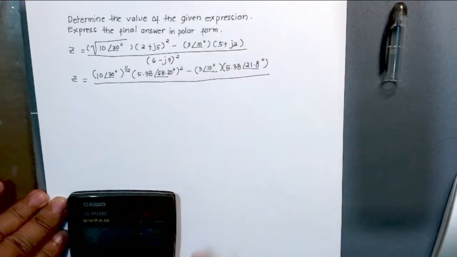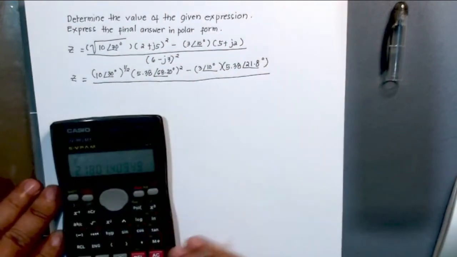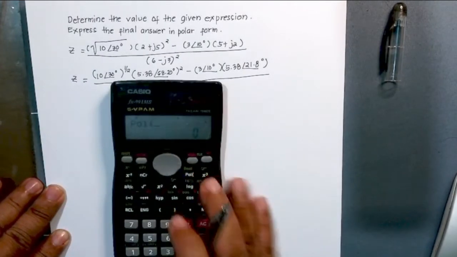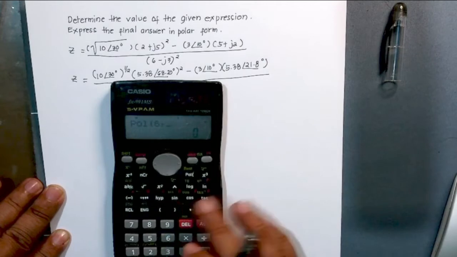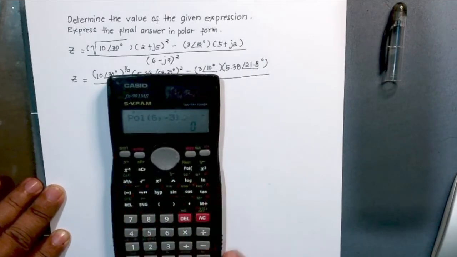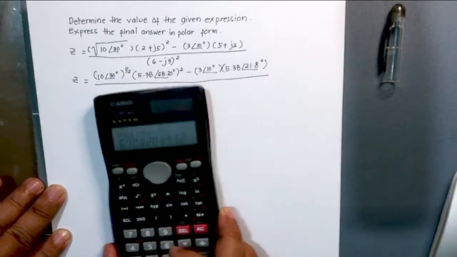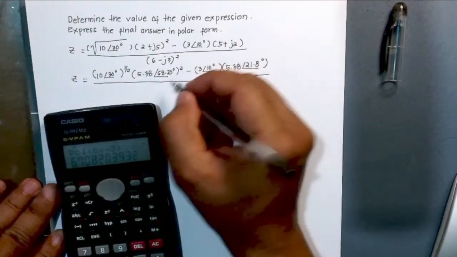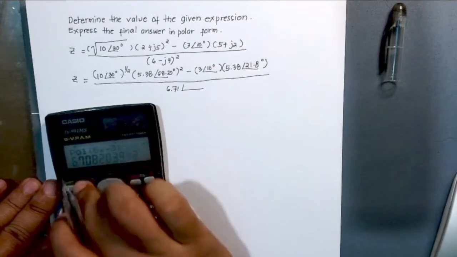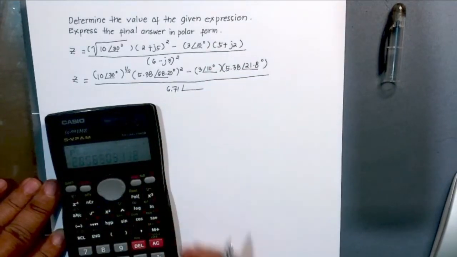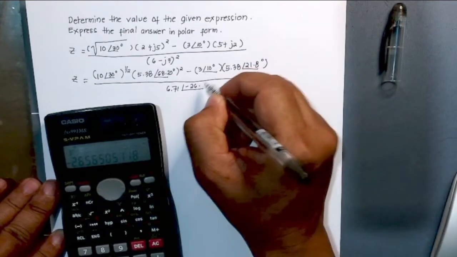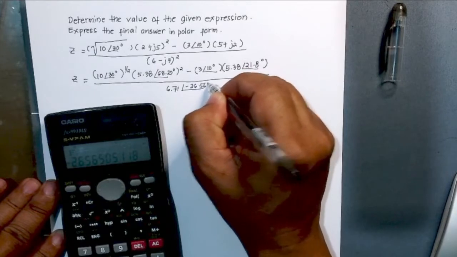So this one also, I'll transform this to polar, and that will be polar 6 comma, so that is negative j3, so negative 3. Okay, so that will be 6.71 cis of alpha, that is negative 26.56 degrees.